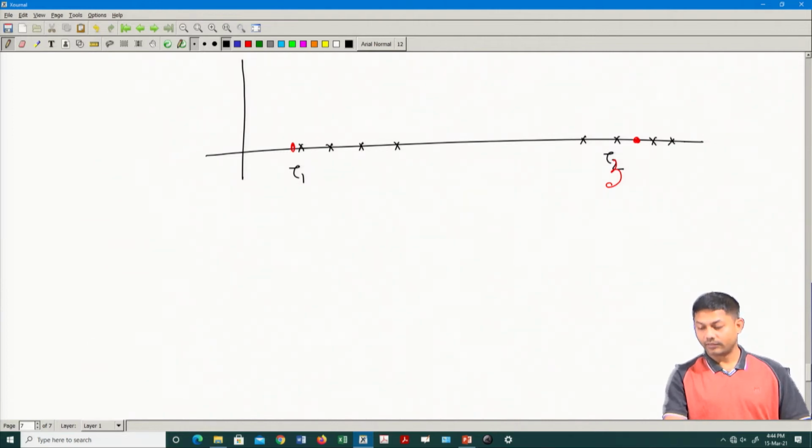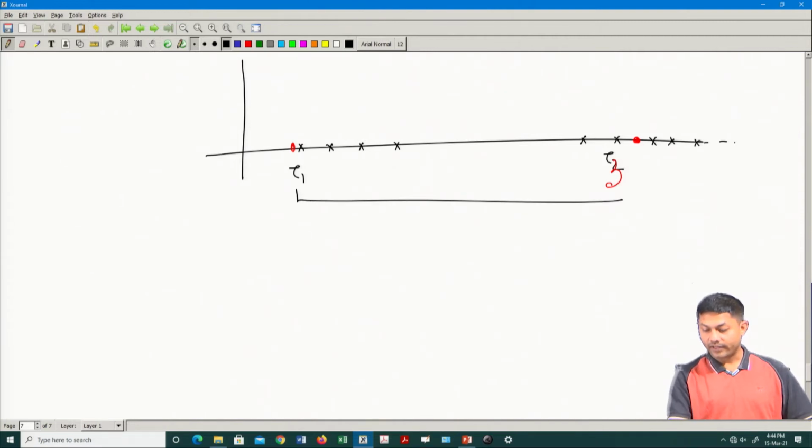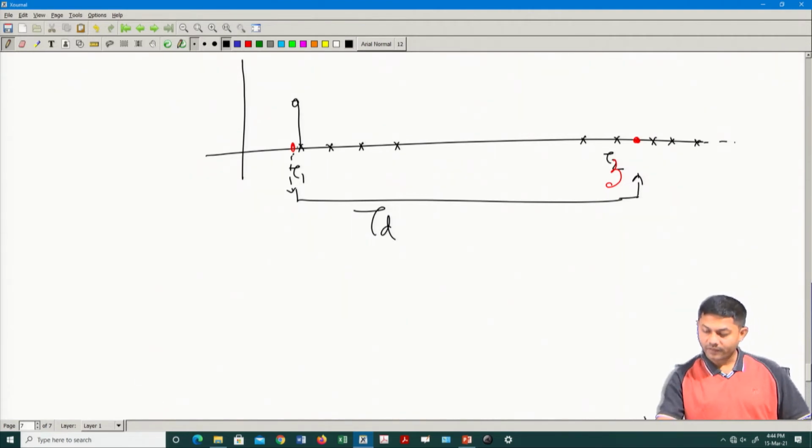I may still get something, but it may die down quickly. So, for the actual delay spread which we observe for the channel, say for example, I observe my first step somewhere here and my last step here, and anything beyond that I do not get.